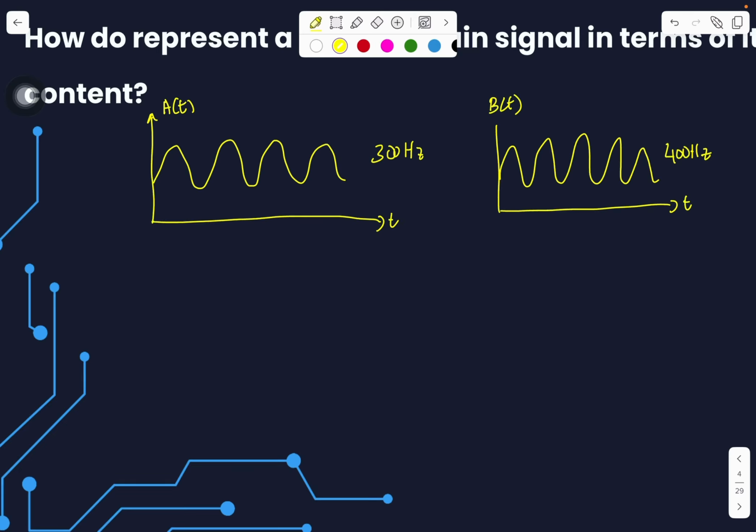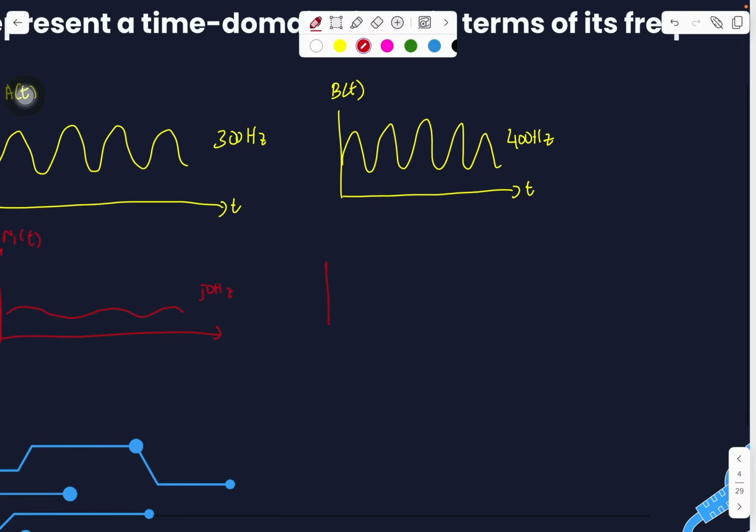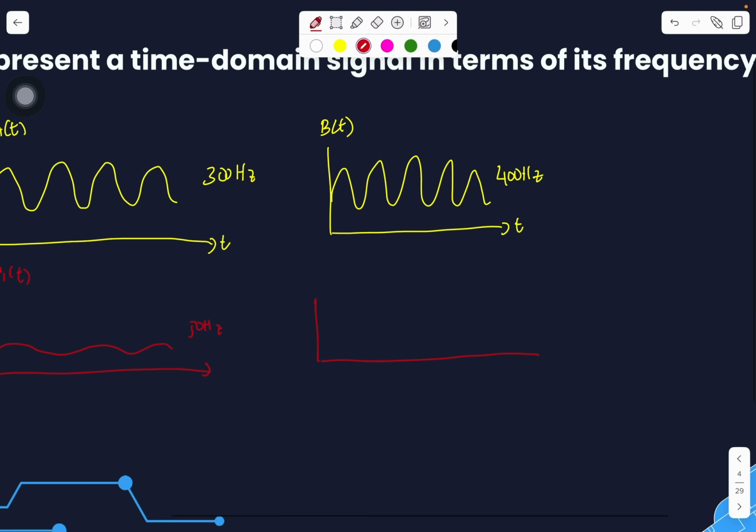And let's say that we also have some noise. So this is our first noisy signal. Let's say that it's a low frequency noise, about 50 Hertz. And this is N1 of T. And then we have another high frequency noise, and let's say this one is about 600 Hertz.